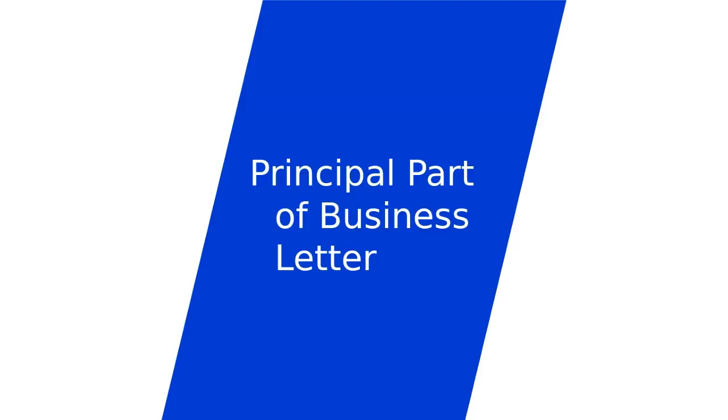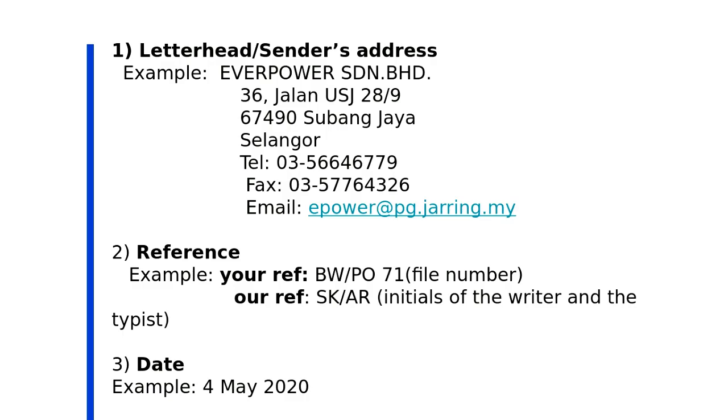Okay, let's go to the principal parts of a business letter. The first thing you need to have inside your letter is the letterhead, the sender. For example, Everpower Sdn Bhd, 36 Jalan USJ 28/96759 Subang Jaya Selangor.